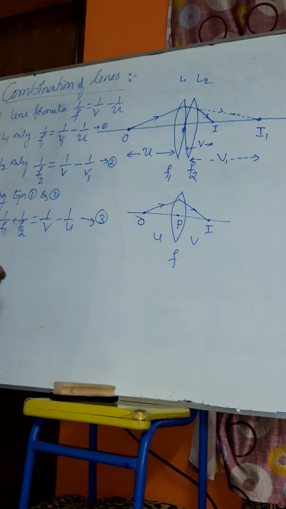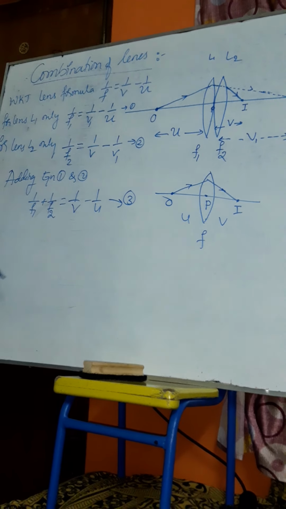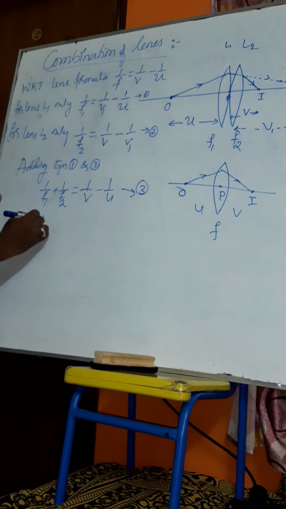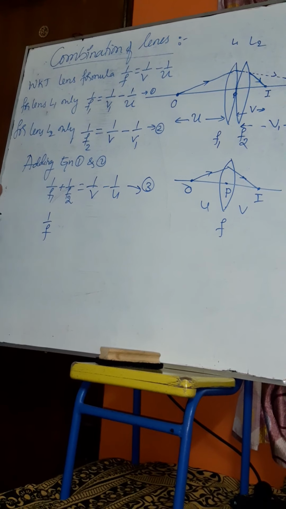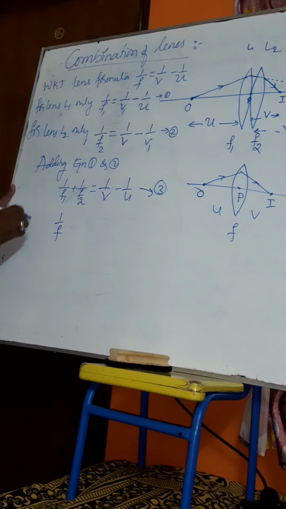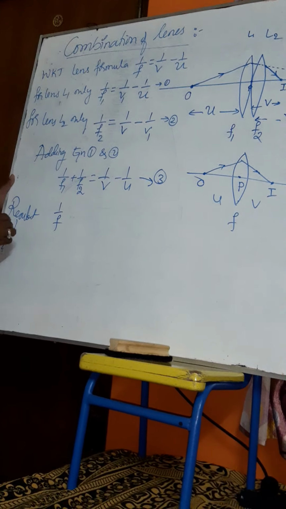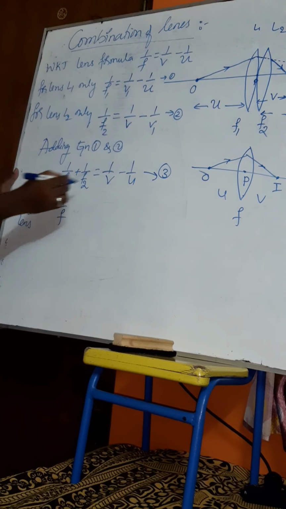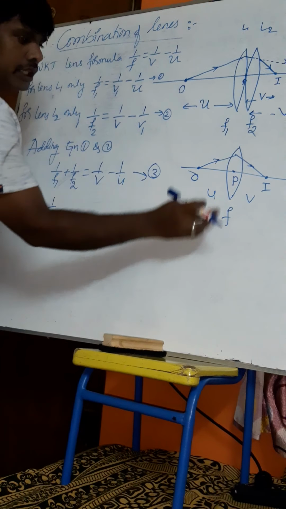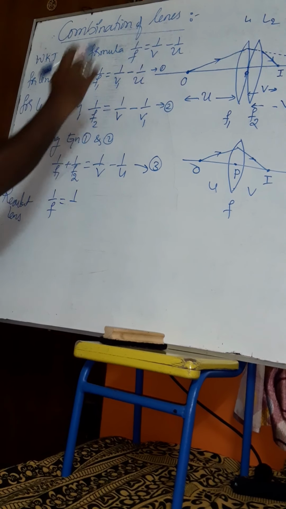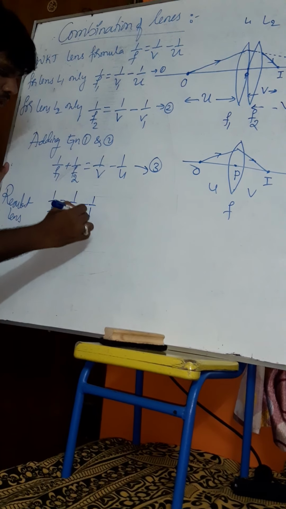Incident ray, refracted ray. Now for this resultant lens of the combination, f1 and f2 are collectively considered as f here, so 1 by f is equal to, according to this formula, 1 by v minus 1 by u only.